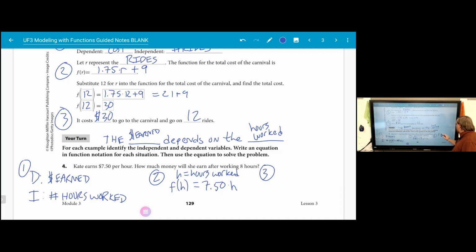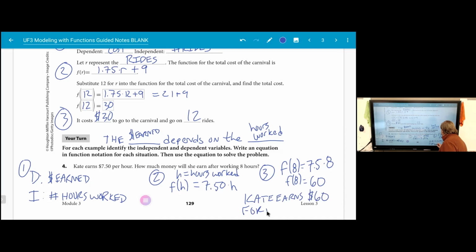The value of the function for 8 hours is 7.5 times 8. The value of the function for 8 hours, the F of 8, is 60. Yay! 60 what? In other words, Kate earns $60 for working 8 hours. Okay. 1, 2, and 3. We'll have lots of practice on that.